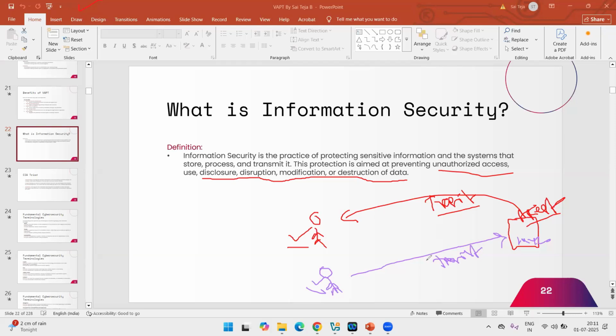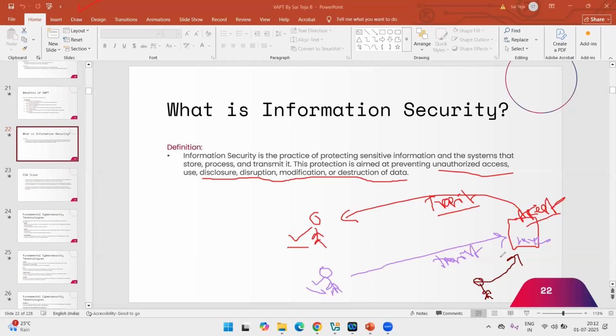But let's say that there is an attacker, right? If he tries to access the sensitive information stored in the database in an unauthorized way, what happens in this case?